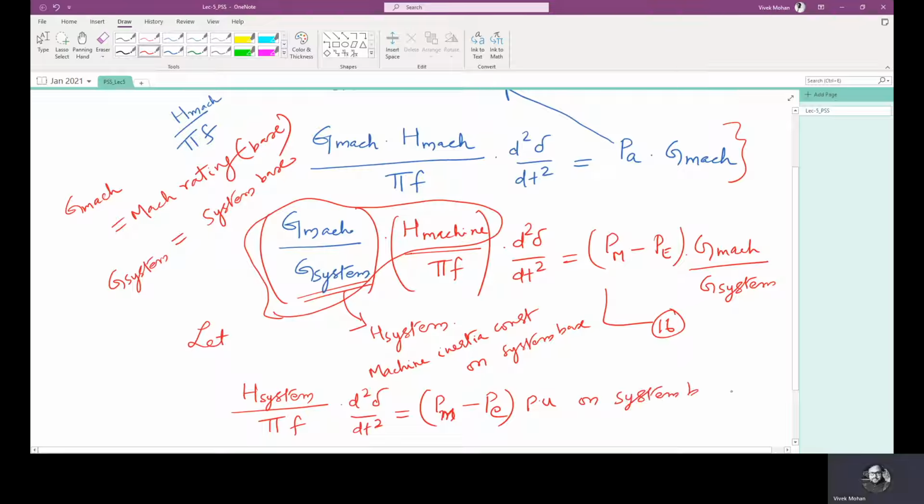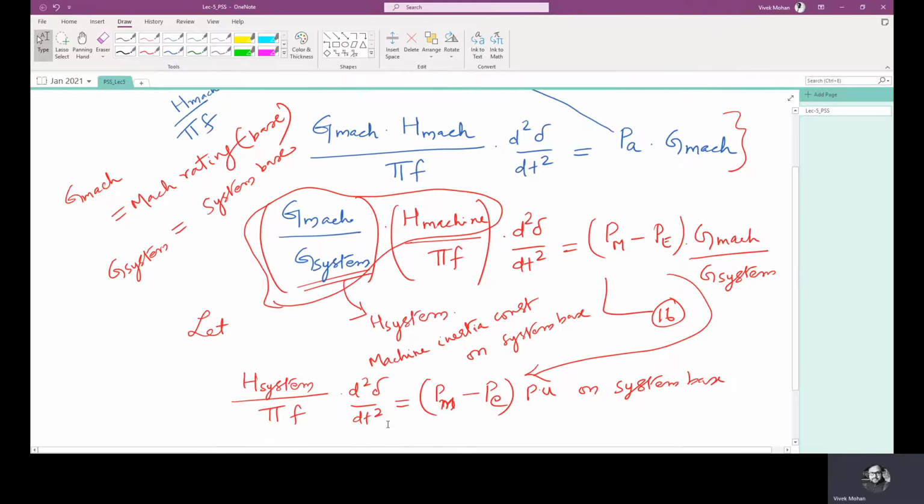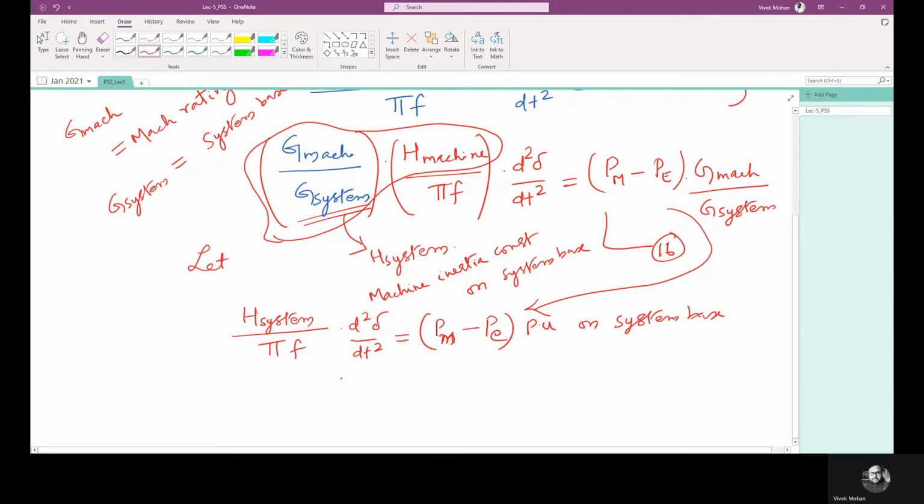This is because the RHS in equation 16 was Pm minus Pe into G machine by G system, so when multiplied with G machine by G system, this became per unit. This is equation 17.